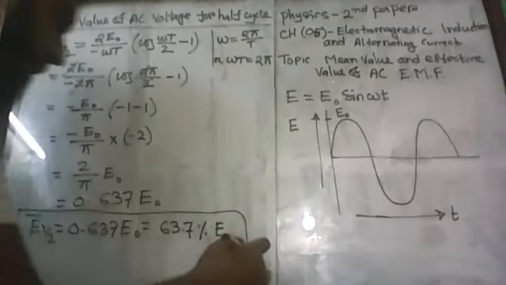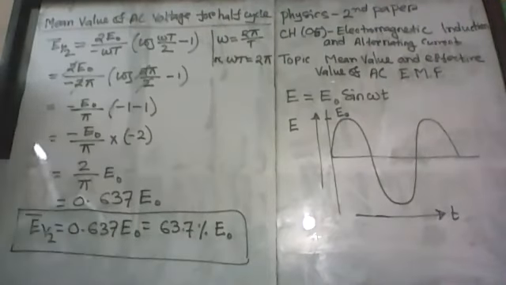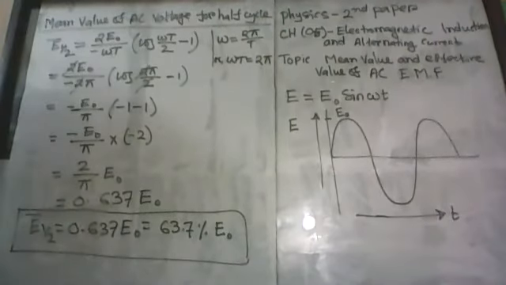So this is the mean value or average value of AC electromotive force for the case of half cycle. I repeat, boys and girls, this is the mean value for the half cycle.